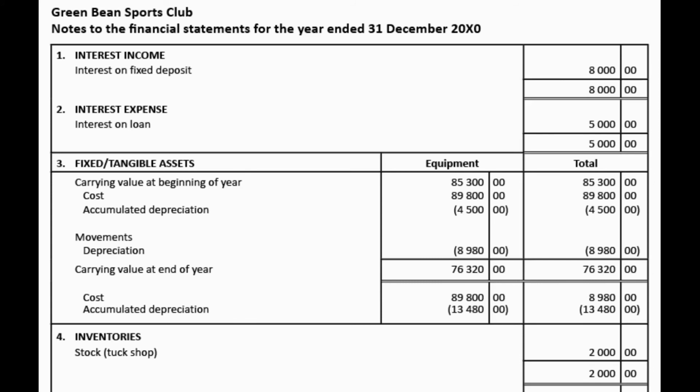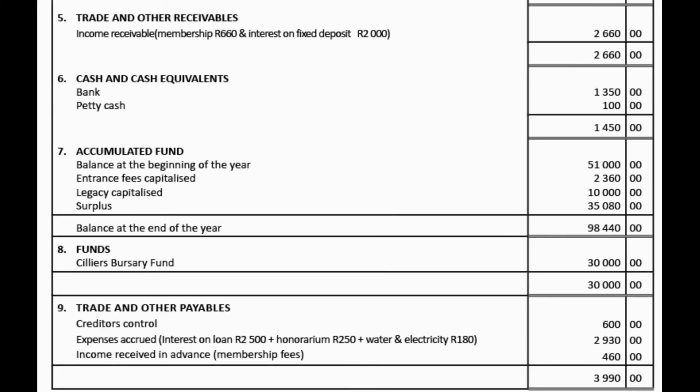Then we get to inventories. The tuck shop closing stock of 2,000 was adjustment number 3, so that's plain and straightforward. Then we get trade and other receivables, which is income accrued or income receivable.